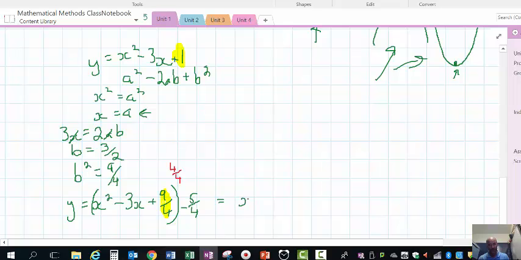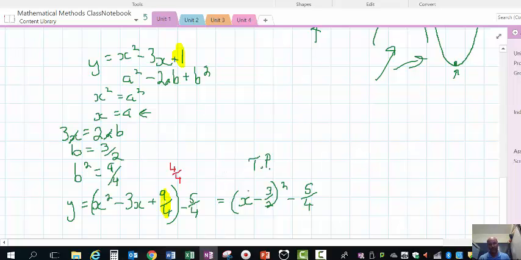That part there, however, is a perfect square. We can rewrite that as a minus b all squared, so in this case x minus 3 on 2 all squared. And of course, to make it true, we need to go minus 5 on 4.